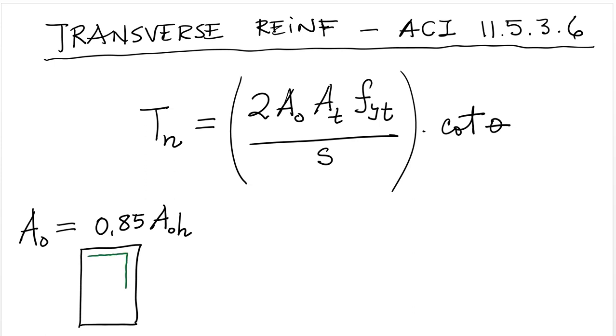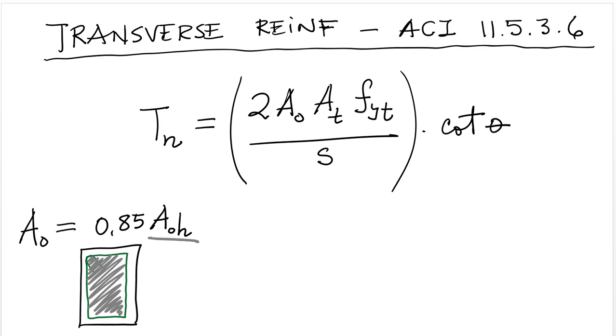So if this is the cross section of a beam and this is the transverse reinforcement, Aoh is this area in here enclosed by the transverse reinforcement. That's Aoh.